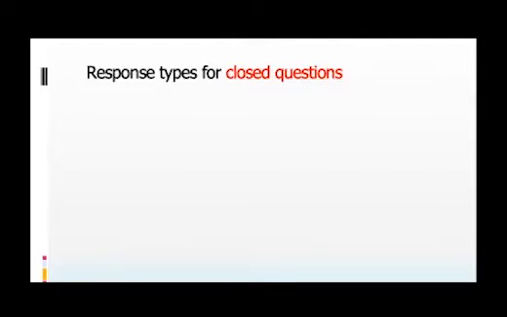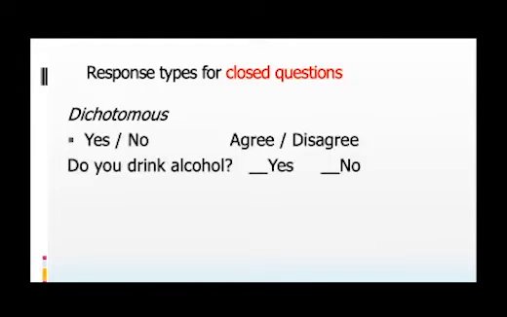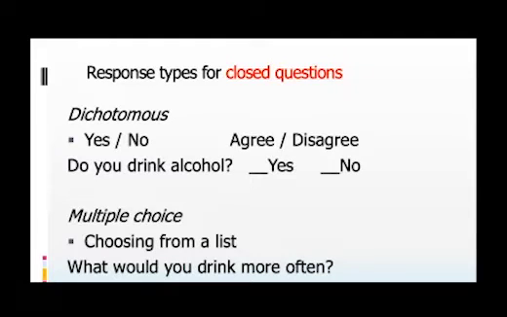Examples of responses for closed questions: dichotomous, so yes or no, or agree or disagree. So, do you drink alcohol? Or you can have a multiple choice question, so choose from a list: what would you drink more often?